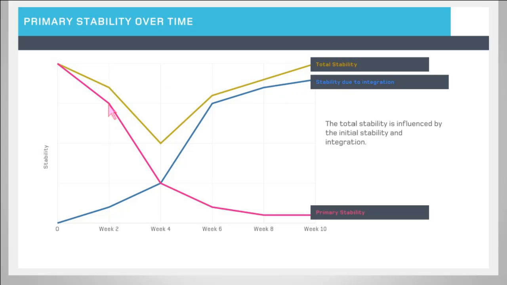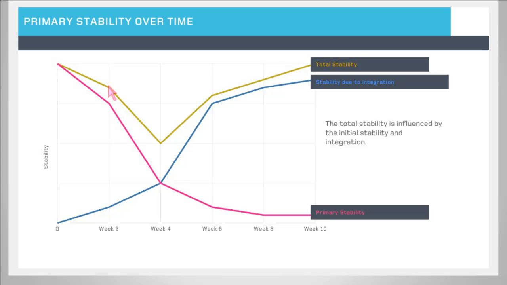As this happens and the bone remodels, the primary stability reduces. If we can keep the total stability of the implant above a certain critical level, determined by the primary stability as well as the speed of integration, we're able to load implants immediately.